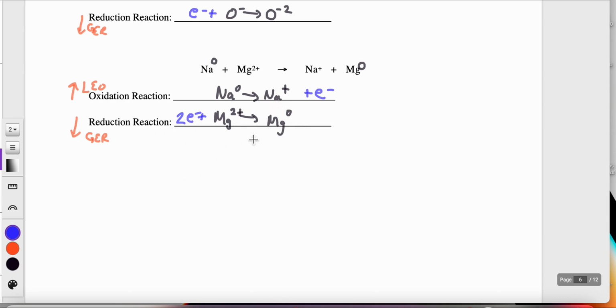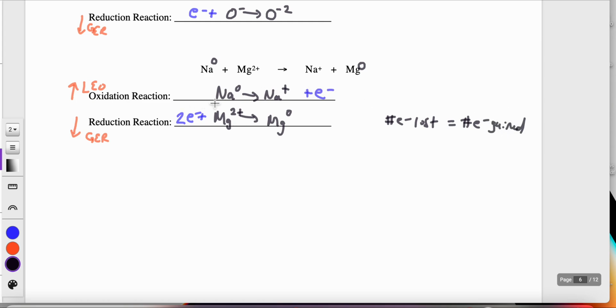Next thing I have to look at is my oxidation process is only losing 1 electron, but my reduction needs to gain 2. So now we have to balance the number of electrons. The number of electrons lost must equal the number of electrons gained.